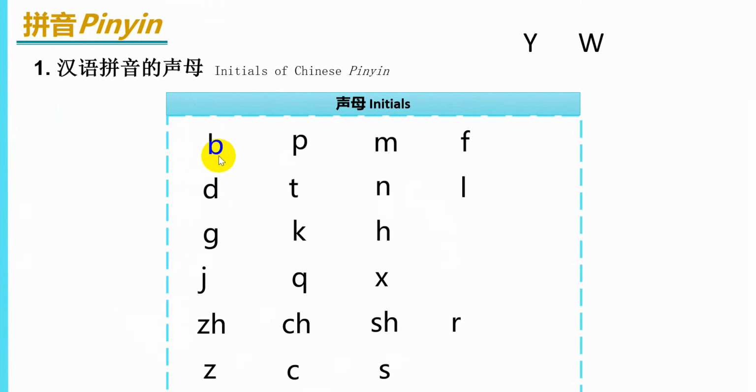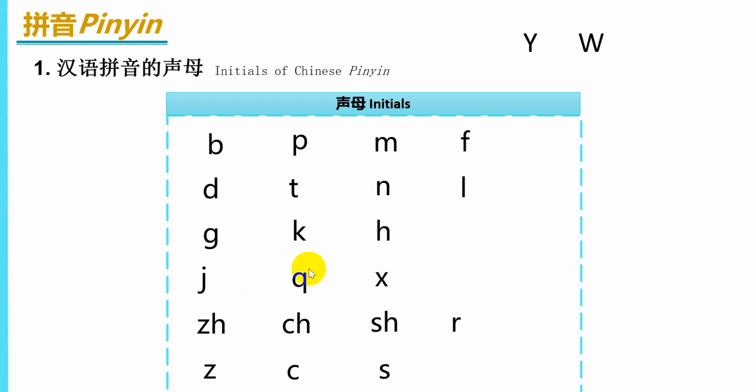Okay, 一起读。Now the first, how to say? Yes, 波 and then 坡, yes, 坡, 摸 坡, yes, good. Okay. And this one? Yes. Good. And then how to say this?